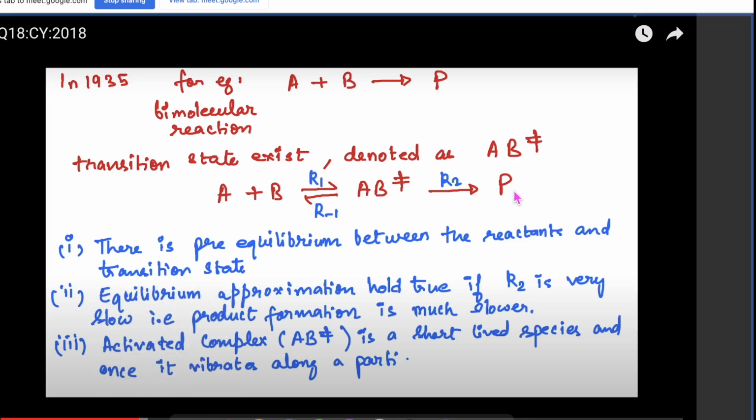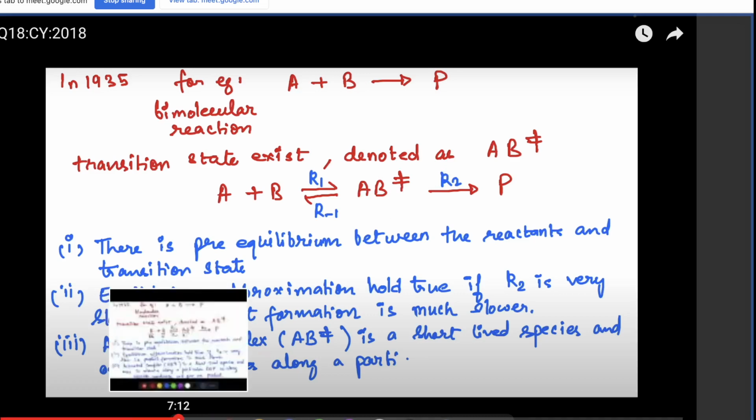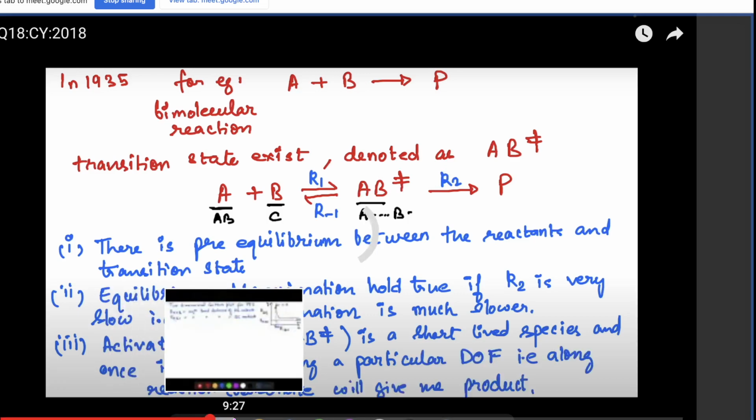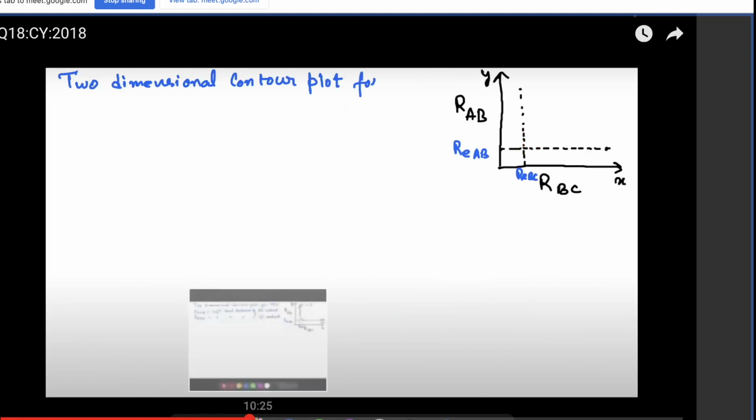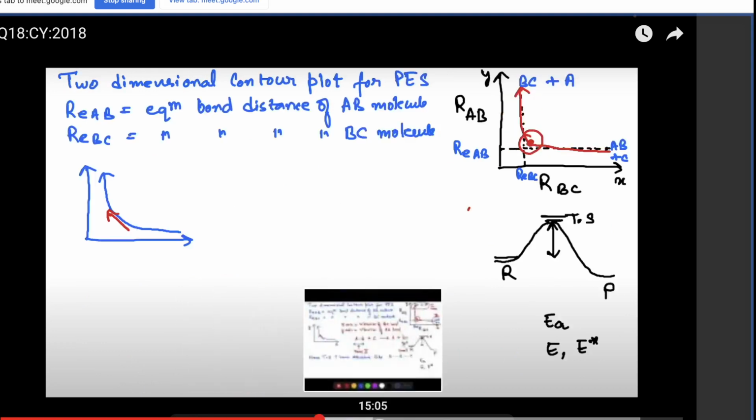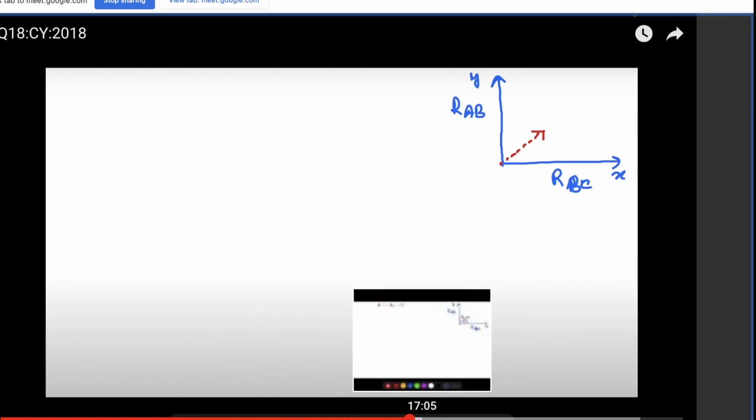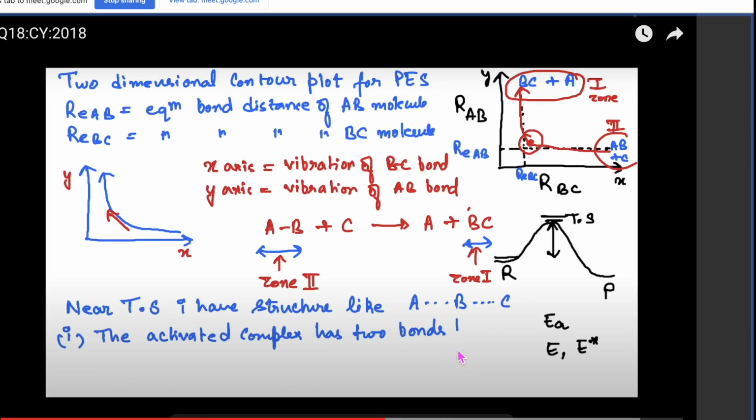So in short, when you go through the potential energy surface of a bimolecular reaction, this is the reaction coordinate along x for the BC bond vibration, where BC is the product, for example, and AB is my reactant.